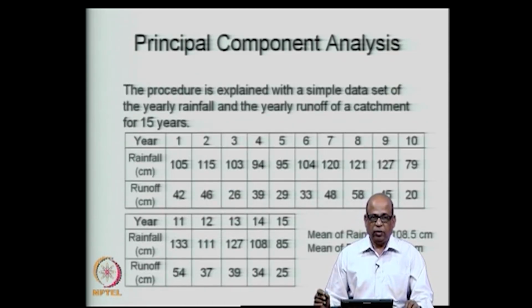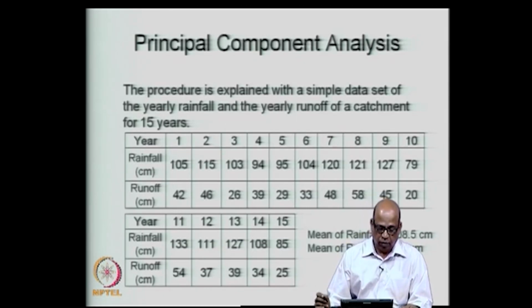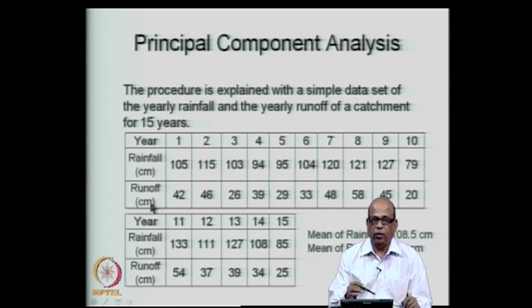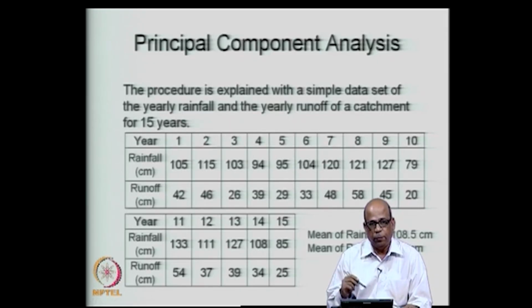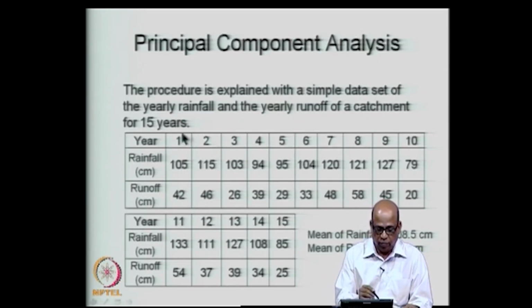We will take a simple example now to demonstrate this procedure. We are not worried right now about which is the dependent and which is the independent variable for this particular exercise. We are taking two variables, rainfall and runoff. So, p is equal to 2 and you have data for 15 years.